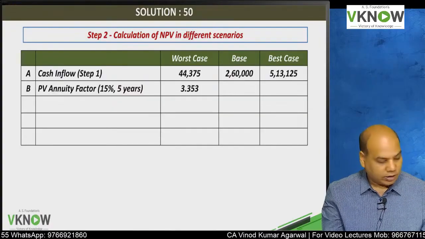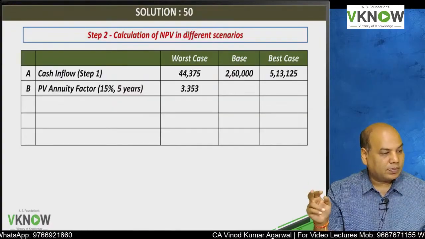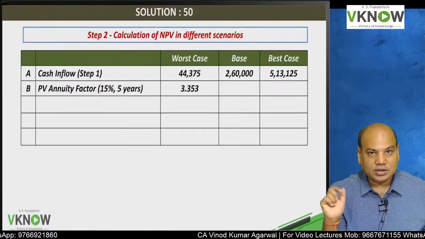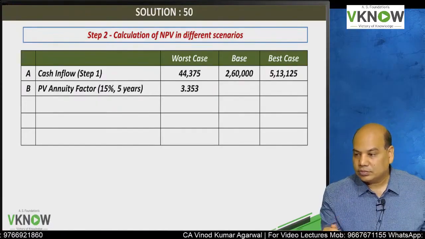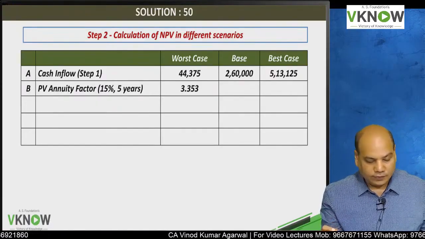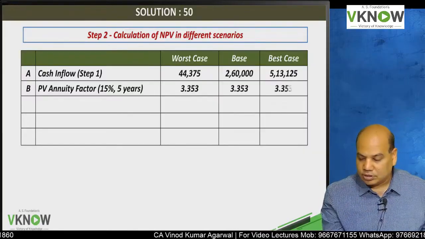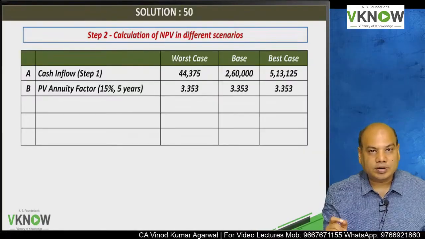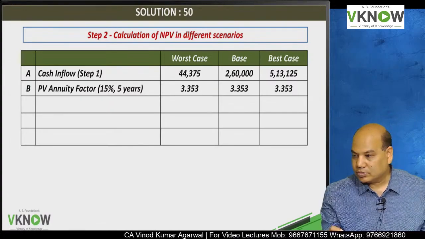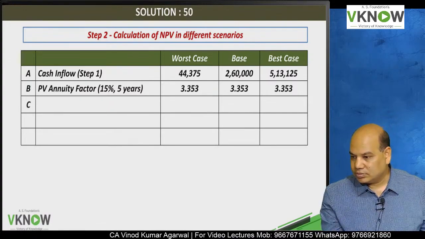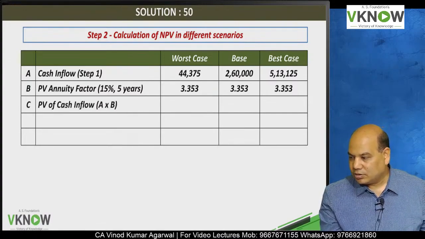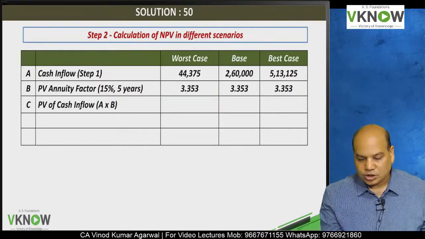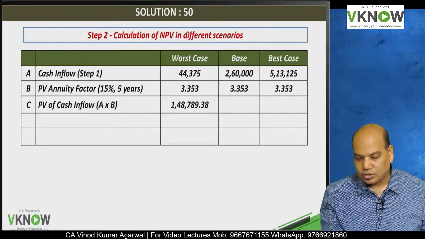PV annuity factor, you add the factors given in the problem. You will get 3.353. Please confirm. 3.353. Is it right? Say yes. 3.353. Therefore, PV of cash inflow. Very good.